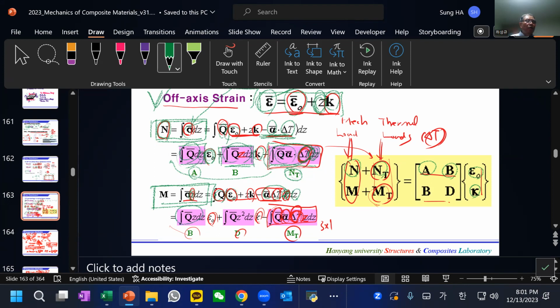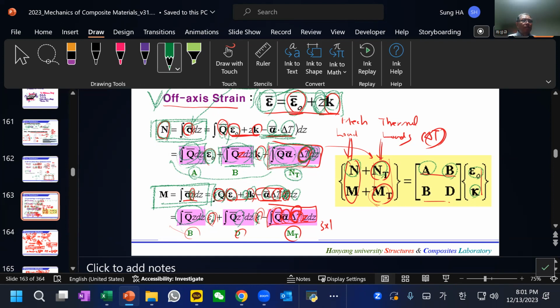And then epsilon 0, of course, is a constant, can come out of the integration. And then here, Q, and we have a 1 Z here, and a second Z here. So we have a power of the Z, Z square, dz. And then k can be constant.